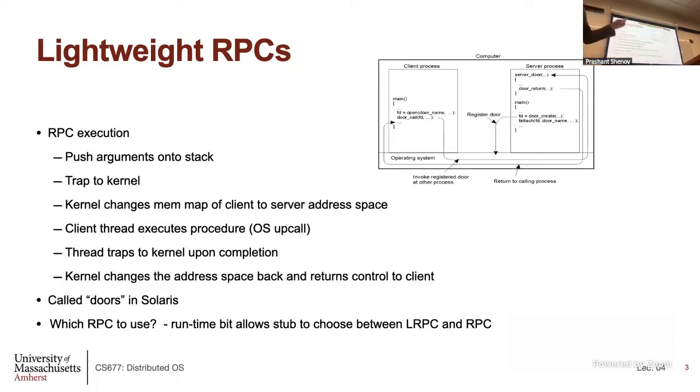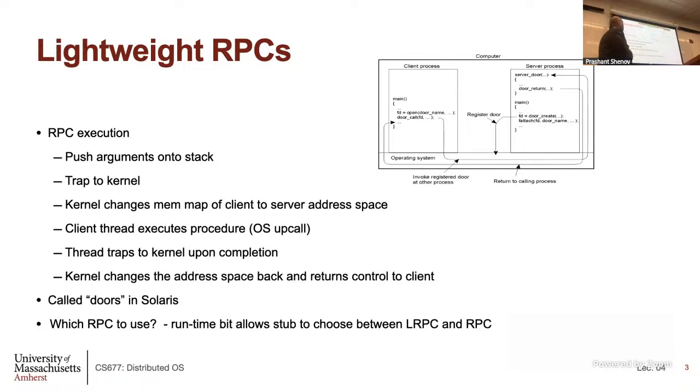Okay? So normally, when you invoke an RPC, okay, the stub code is going to generate a message and send it over a network. The protocol stack at the other end will process it and then hand it back to the server code to execute the method and so on. Okay? In this case, because the two processes are on the same machine, you can bypass the protocol processing. Okay?